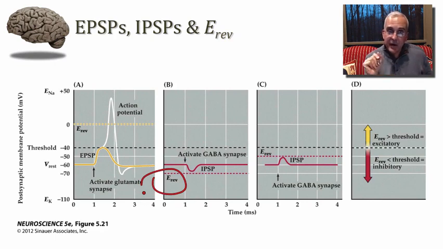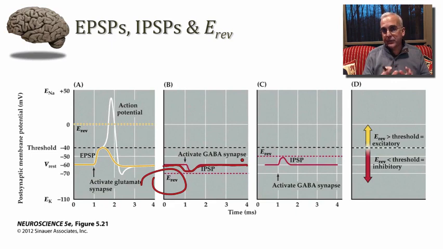It's actually hyperpolarized relative to rest. So when the conductance opens, the concentration gradient is such that it will hyperpolarize this membrane potential by a few millivolts. That's what we call an inhibitory postsynaptic potential. Not because it's hyperpolarizing, but because the reversal potential is below threshold.